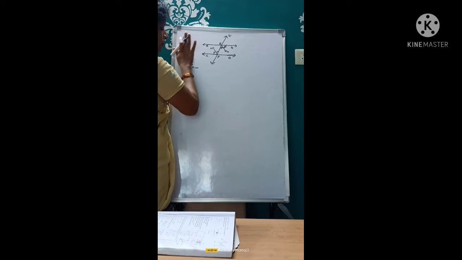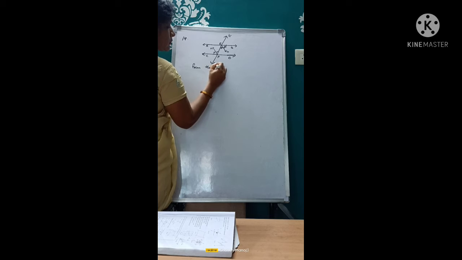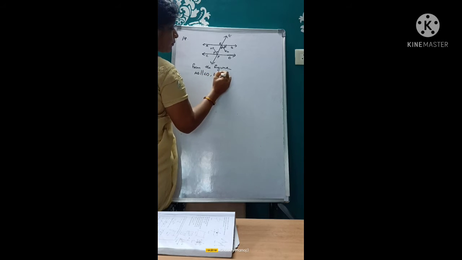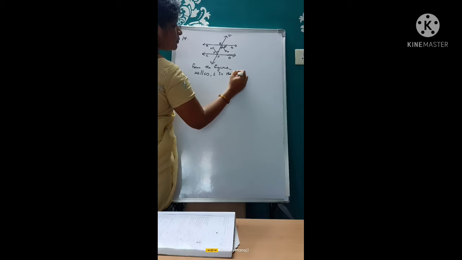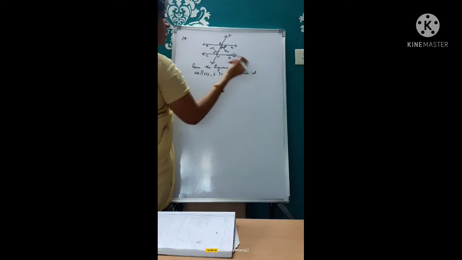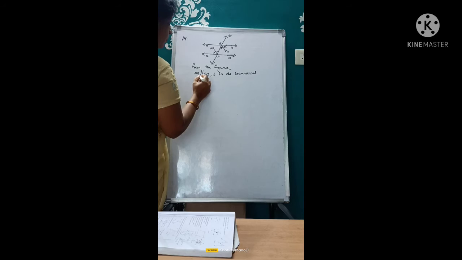Given, from the figure, AB is parallel to CD and T is the transversal.